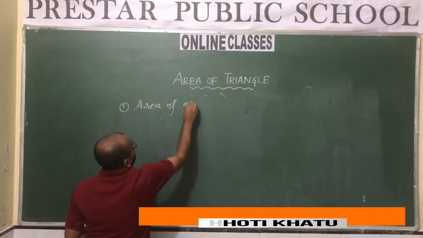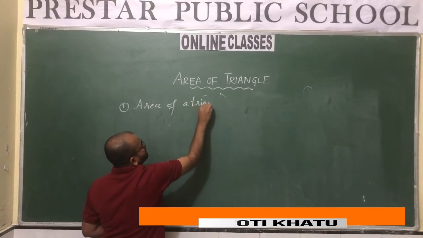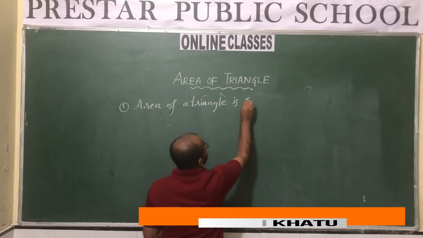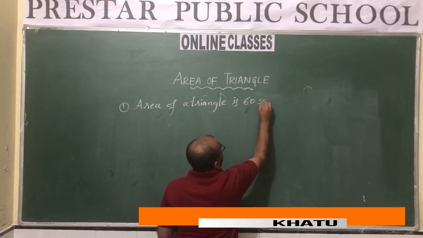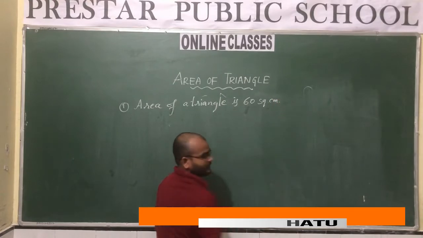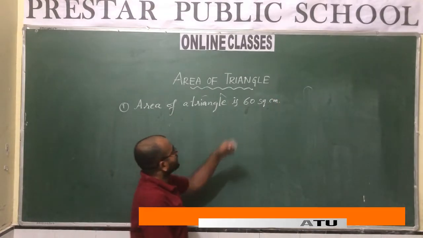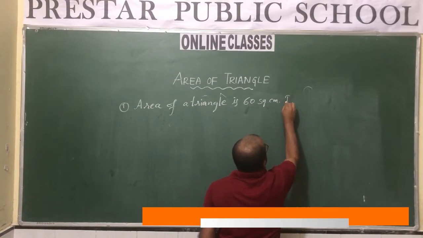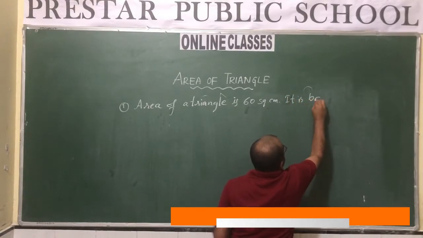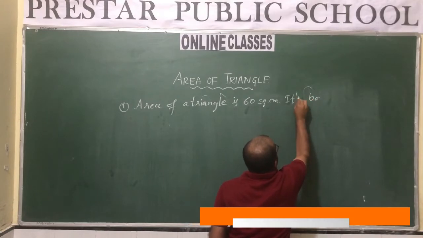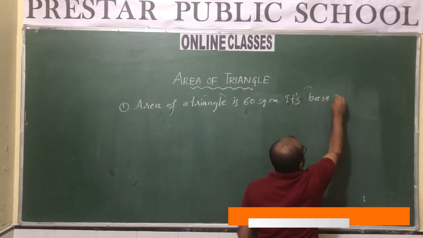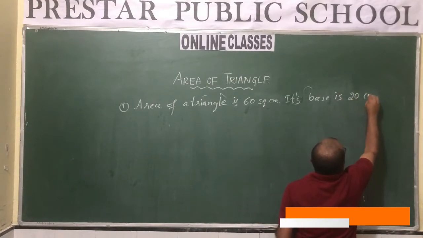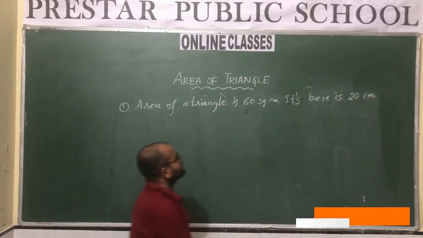Area of a triangle is 60 square centimeters. Next, its base is 20 centimeters.